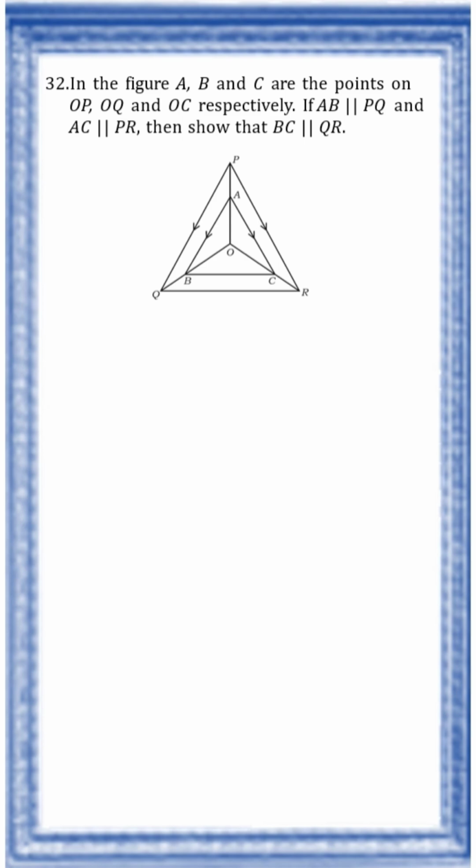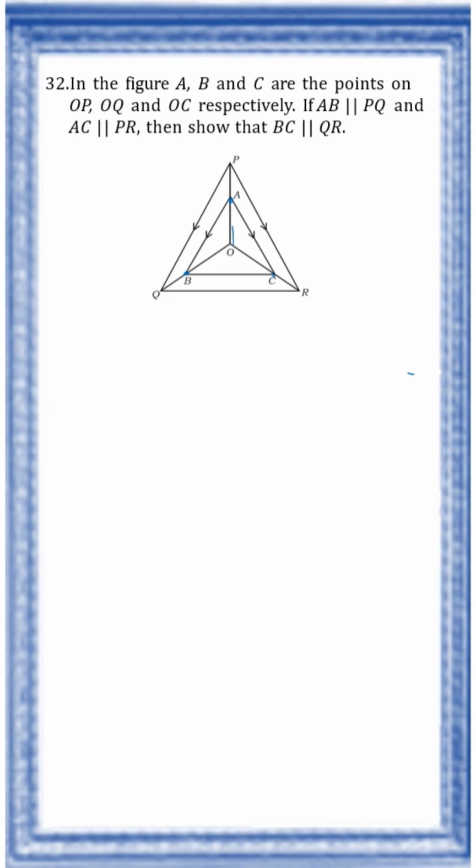Now the next question. In the figure, A, B, C are the points on OP, OQ and OR respectively. If AB is parallel to PQ, AC is parallel to PR, then show that BC is parallel to QR. Here A, B, C are the points on OP, OQ, OR.